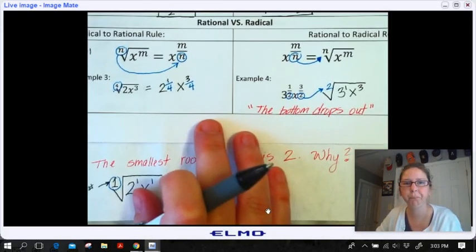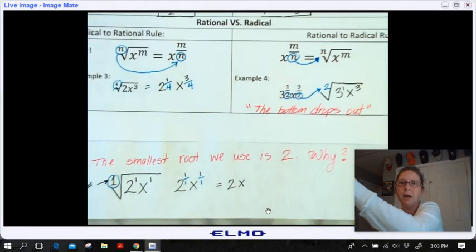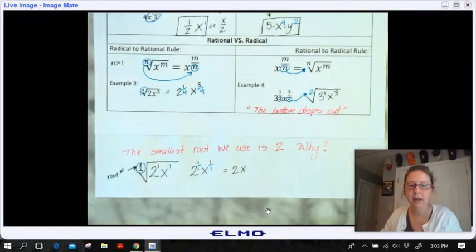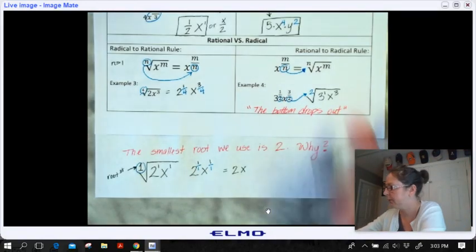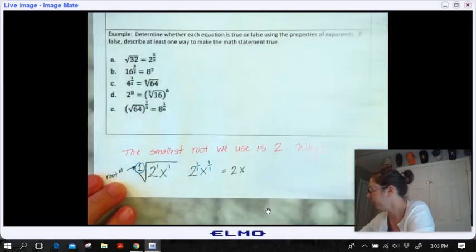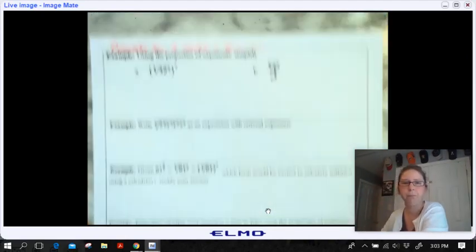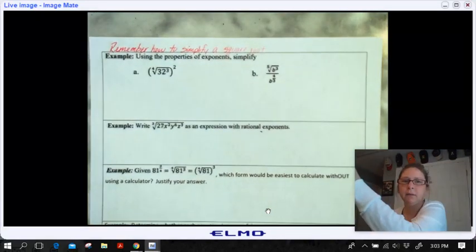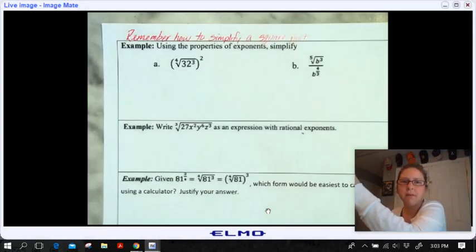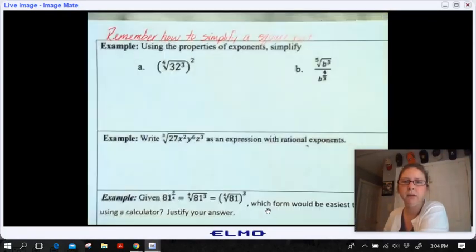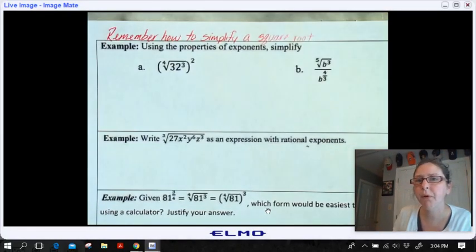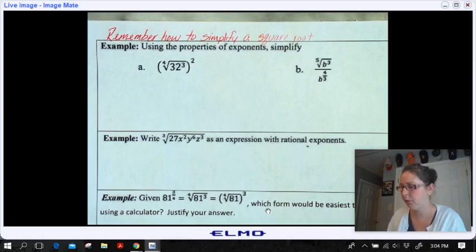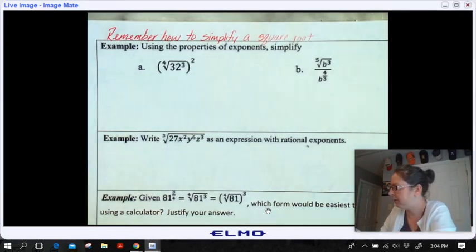All right. Let's go ahead to the back side of our paper and take a look at a few examples. All right, so for this example A, it's going to be really important that you remember how to simplify a square root. And this does say square root.